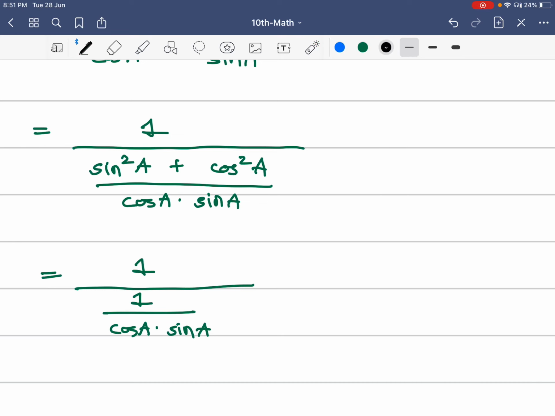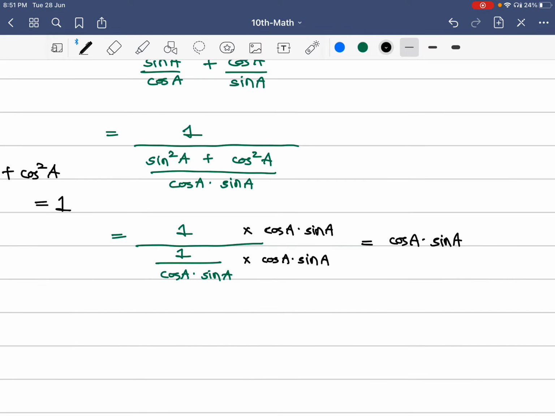Basically what is happening is I am multiplying the denominator by cos A sin A, and I am also multiplying the numerator by cos A into sin A. So this cos A sin A and this cos A sin A cancel each other out, and what remains is this numerator. So this is also going to be equal to cos A into sin A.